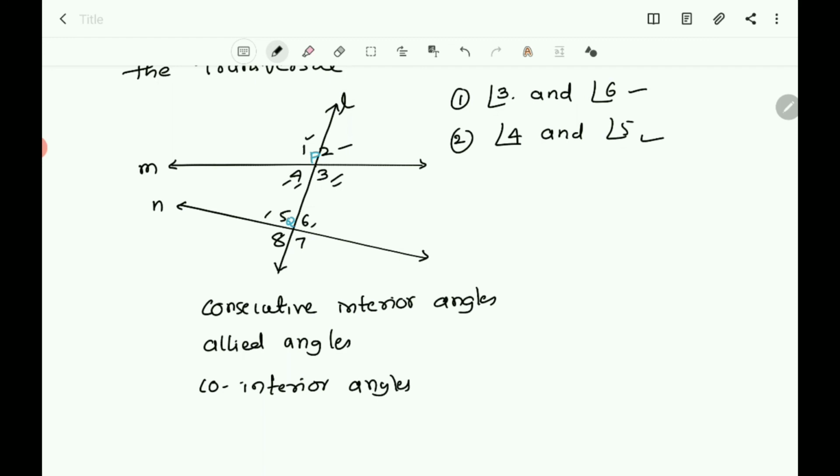These are the words used for the interior angles on the same side of the transversal.